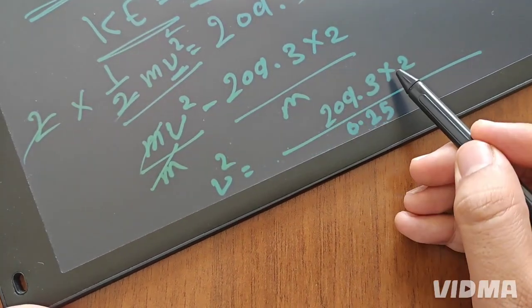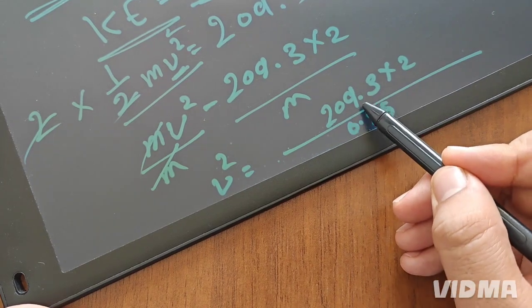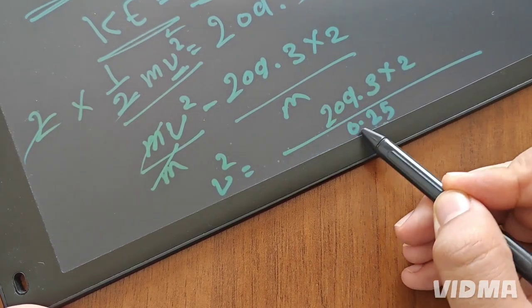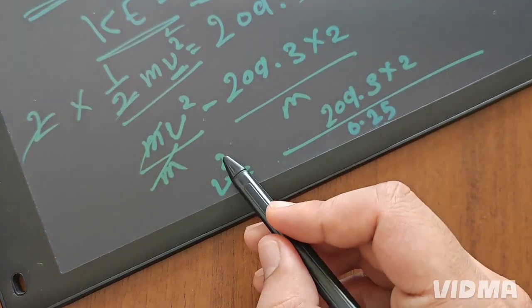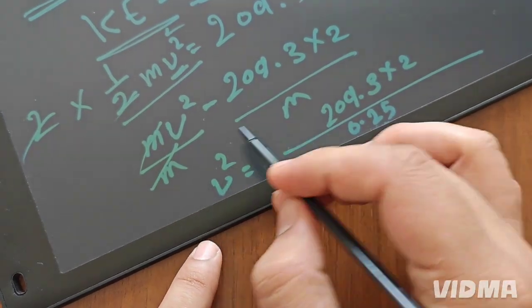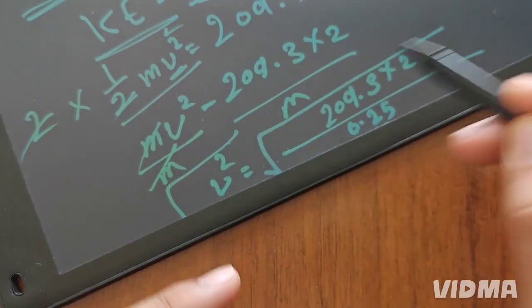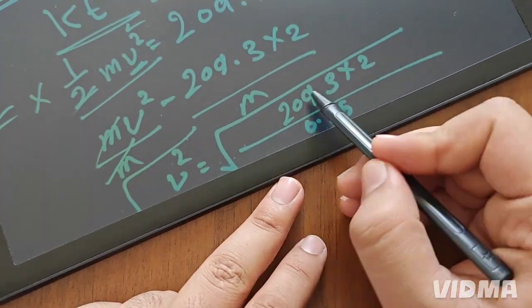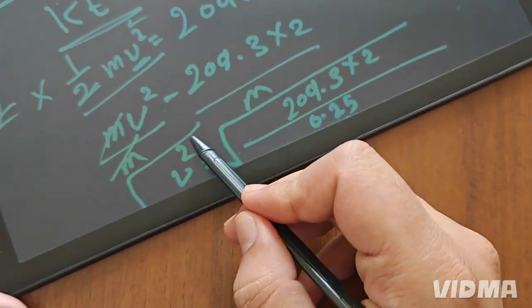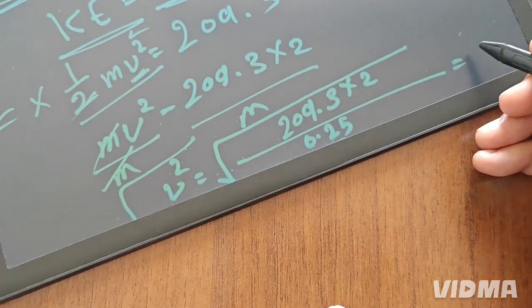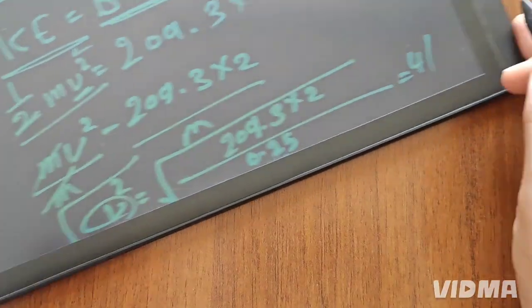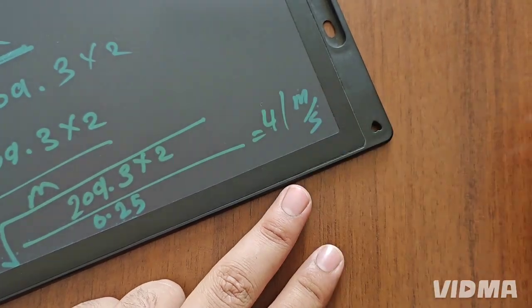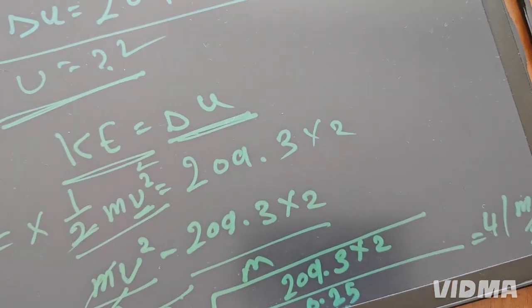First of all, multiply 209.3 by 2, then divide the result by 0.25. Whatever answer you get, you have to take a square root, because here we have speed squared. Actually, I don't have a calculator, but it's still easy. Multiply, divide by this number, then take the square root. The answer will be 41 what? Because we found velocity, or speed, the unit is meter per second. Okay, question 4 done, finished.